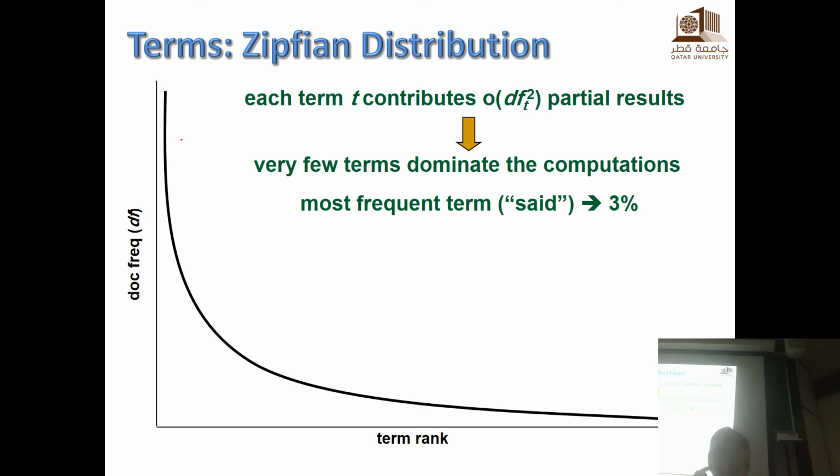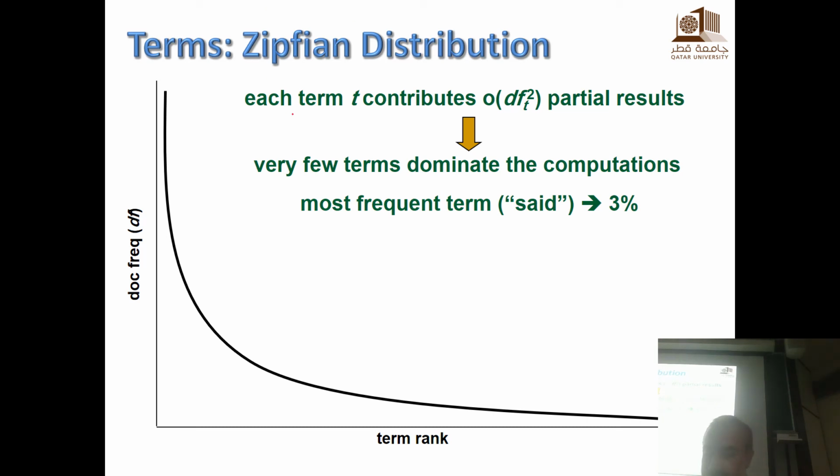You will see that very few terms appear a lot, and most of the terms appear in a much smaller number of documents. That's what we call a power law distribution.